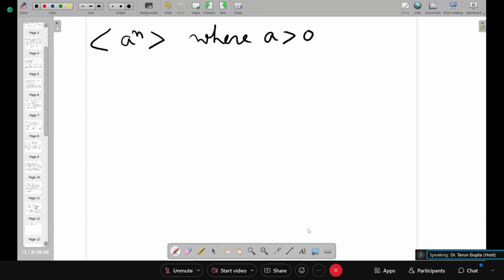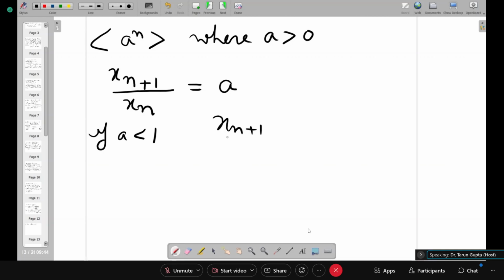Yes, sir. Okay, so here how to prove? You can write xn plus 1 upon xn, that value will come a. So if a is less than 1, it means xn plus 1 upon xn is less than 1, means xn plus 1 is less than xn.